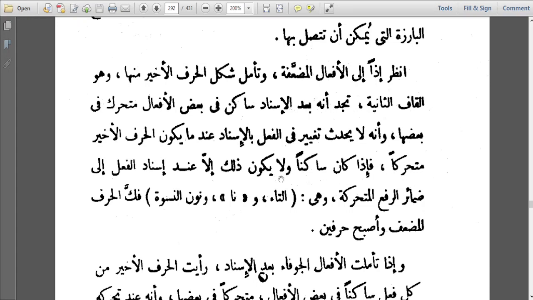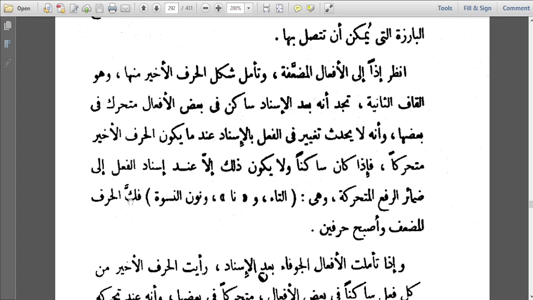He says: فإذا كان ساكنا ولا يكون ذلك إلا عند إسناد الفعل إلى ضمائر الرفع المتحركة. So if the verb ending is sakin, and that does not happen unless you are connecting the verb to a ضمير الرفع that has a vowel, which are the ta, the na, and the nun al-niswa.